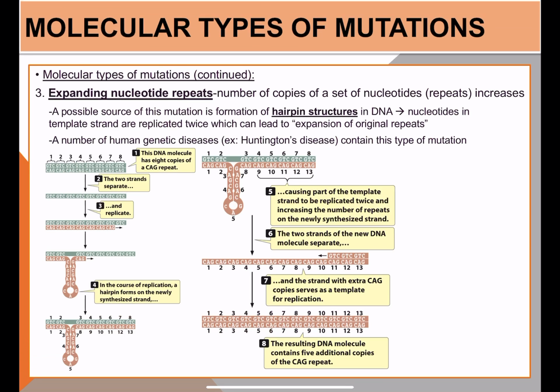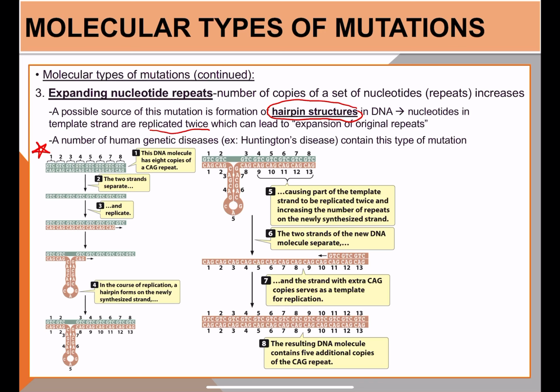One possible source of this mutation is formation of hairpin structures in the DNA molecule, where nucleotides in the template strand can be replicated twice, which can lead to expansion of your original repeats. Now, a number of human genetic diseases, like Huntington's disease we've talked about, do contain this type of mutation. So this diagram here shows you that whole process, how an expanding nucleotide repeat is generated.